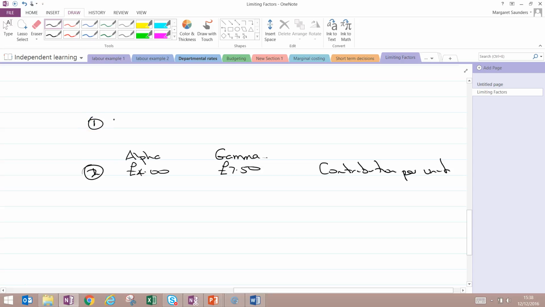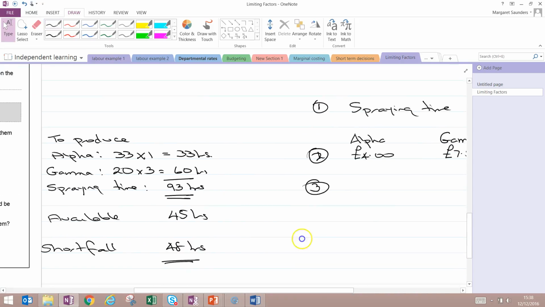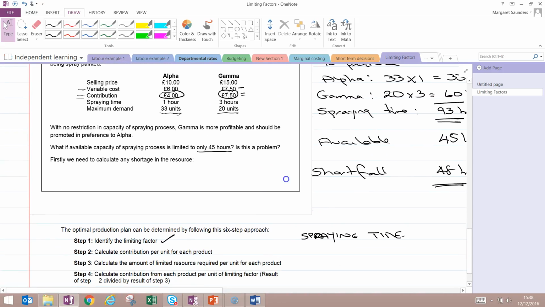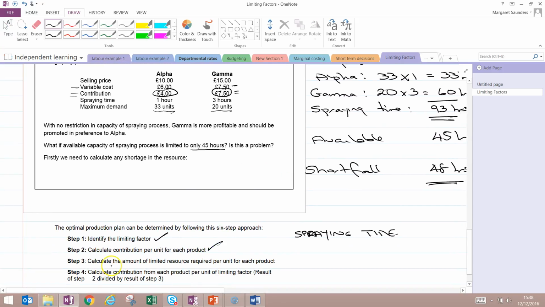Step 1 was the limiting factor, which we know is spraying time. Step 3, we've done 2. How much of the limited resource do we require for a unit of each product?